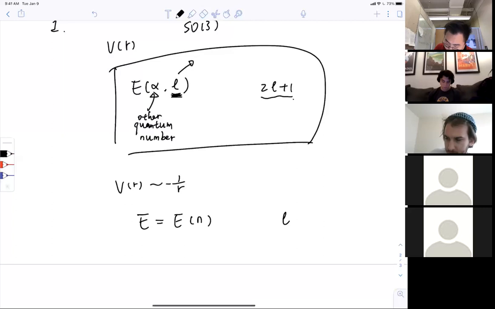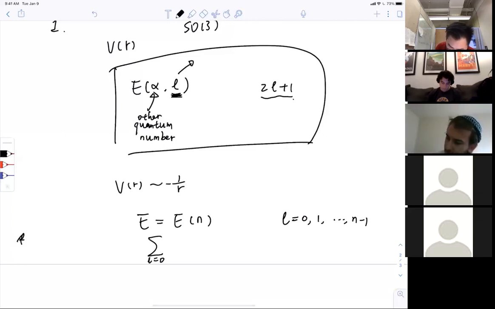For fixed N, the condition for L is 0, 1, 2, up to N minus 1. So the total degeneracy for fixed N is the sum over L from 0 to N minus 1 of 2L plus 1, which is equal to N squared.